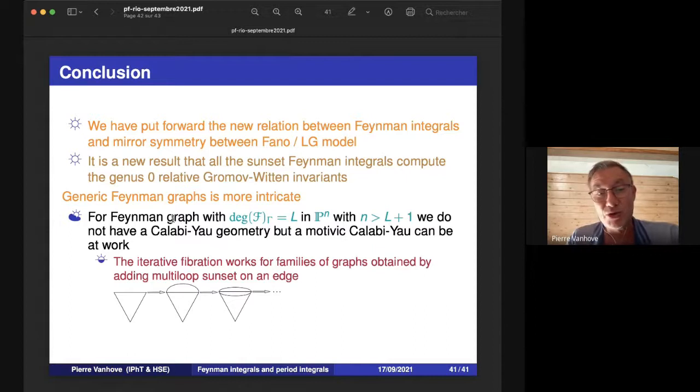Is this some kind of automorphic form? Is this some kind of modular form associated to Calabi-Yaus? I don't know. It's an open question, but hopefully the considerations I described here will help to refine that question and maybe lead to an answer at some point.